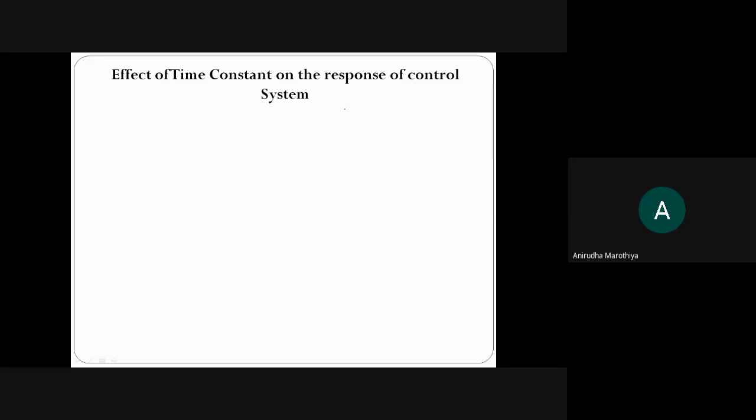For example, you have a system indicated by symbol S1 and to this particular system you have a time constant say T1. In the same way, you have another system indicated by symbol S2 and suppose the time constant is T2. And I told you that the value of T1 is less than T2. That means the time constant of the first system is less than the time constant of your second system.